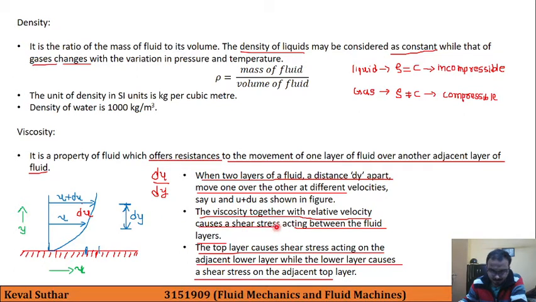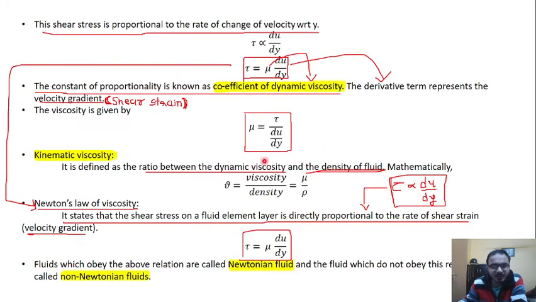So viscosity together with the relative velocity causes the shear stress, and here the shear stress is proportional to the rate of change of velocity with respect to y. So tau is proportional to du upon dy.